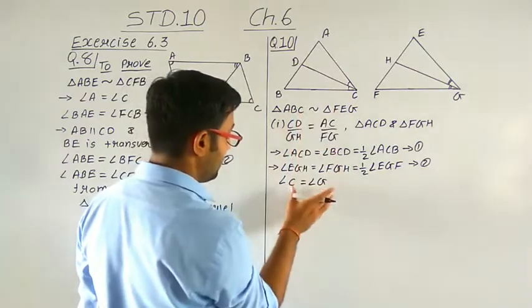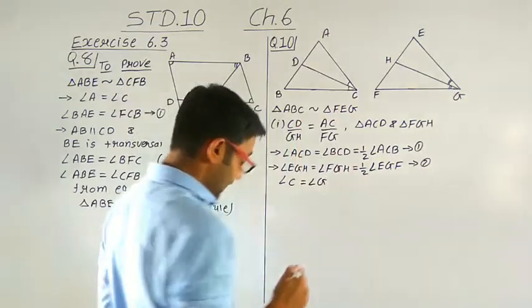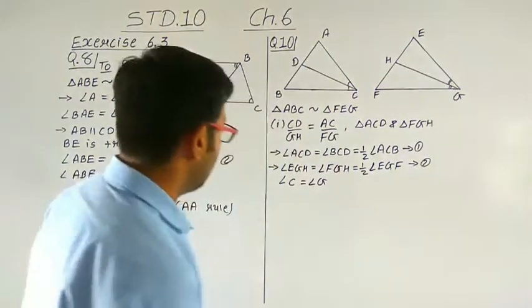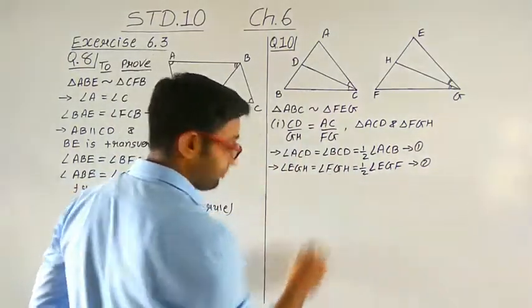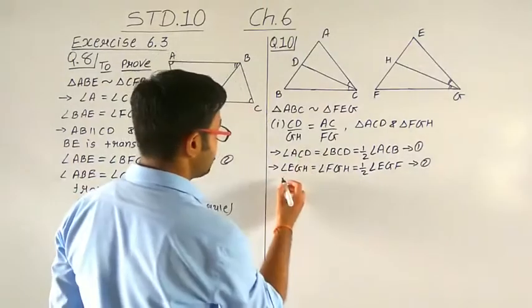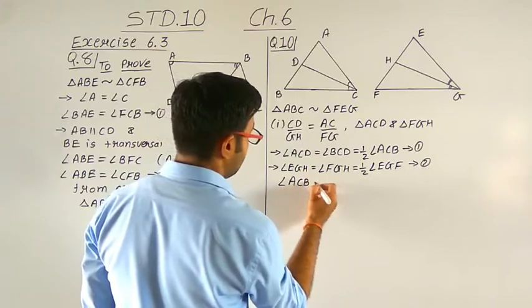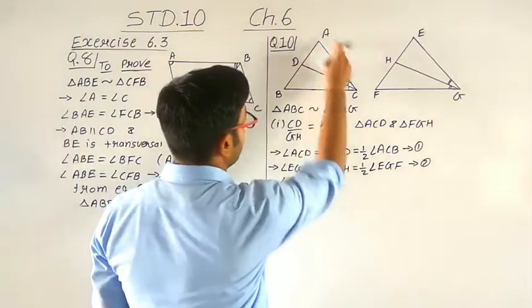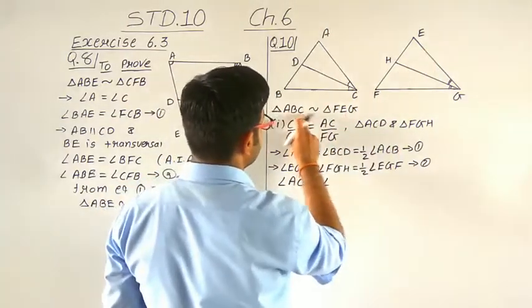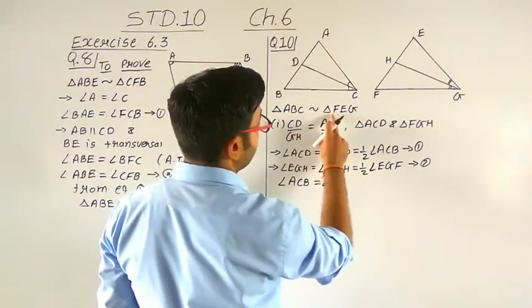Or in extended form, we can write that angle ACB is equal to angle FGE.